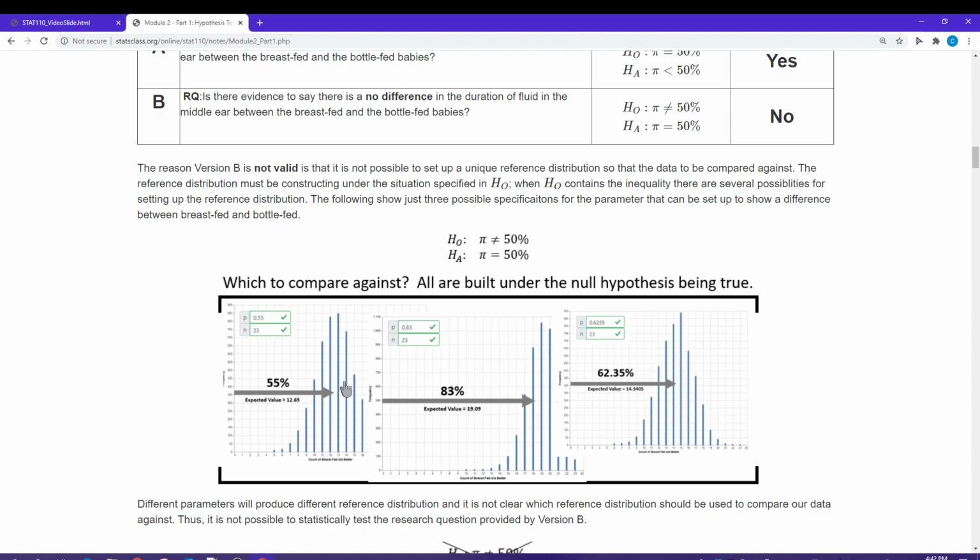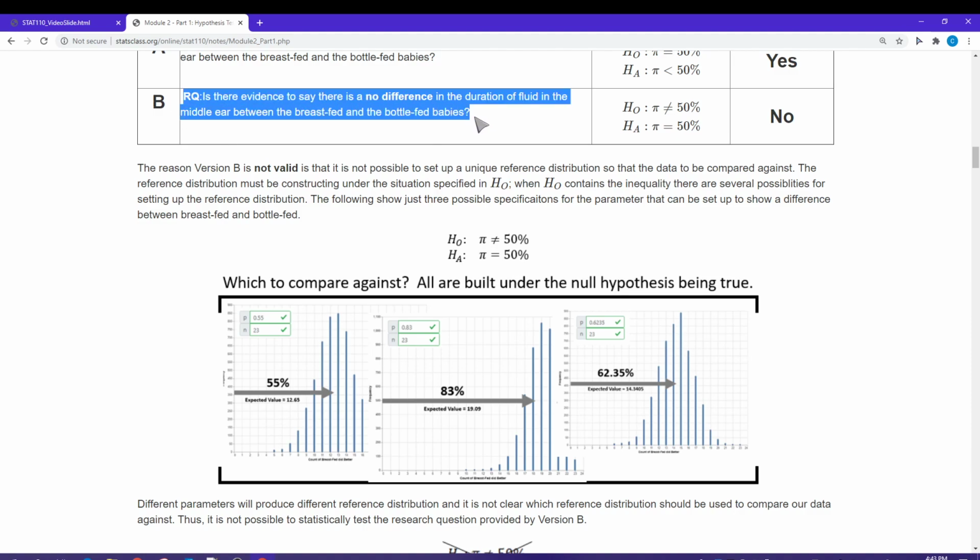And certainly, what we determine an outlier to be in this reference distribution is going to be different than in this reference distribution and different again in this one. So we don't have a single particular value that we can use to build our reference distribution. And for that reason, this type of research question cannot be evaluated through the use of a hypothesis test.